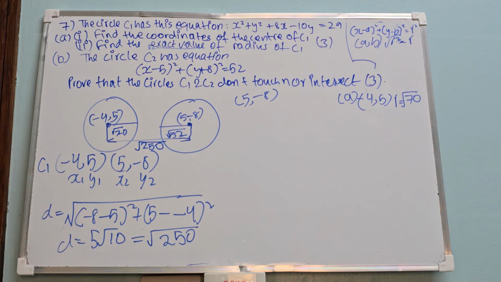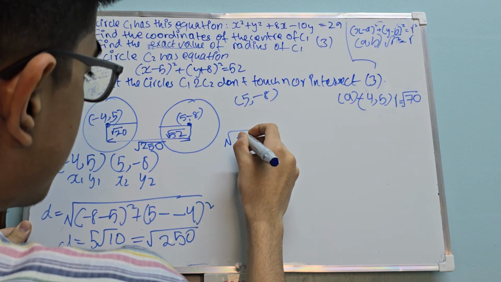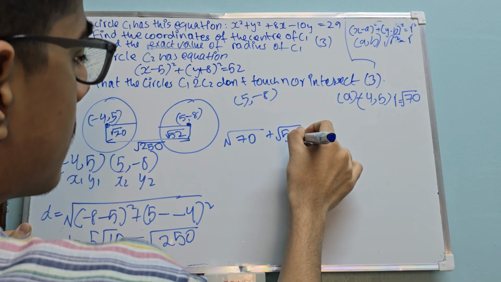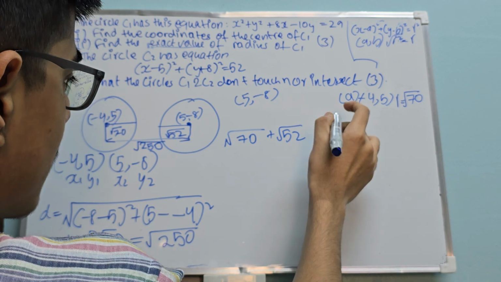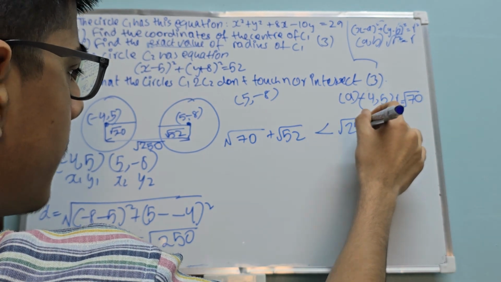Now we need to add the two radii, so root of 70 plus root of 52, and that should be less than root of 250.